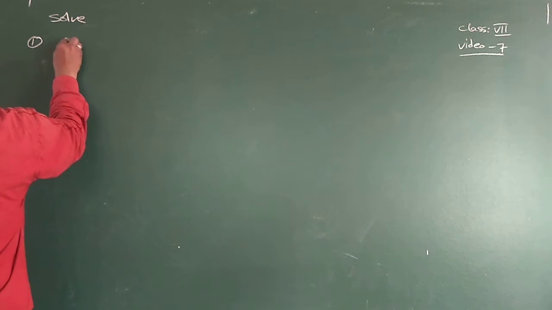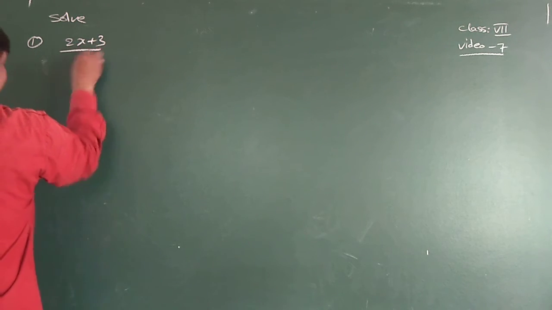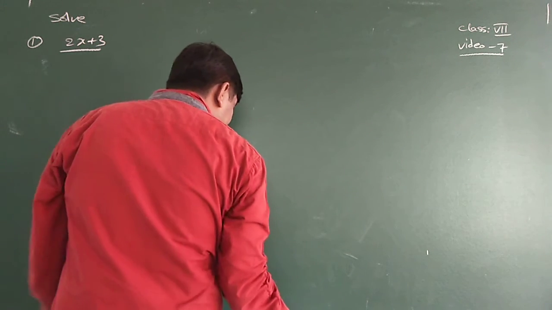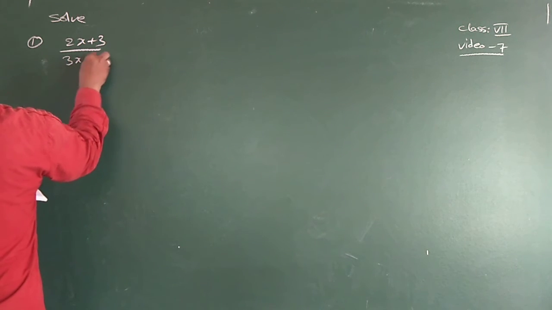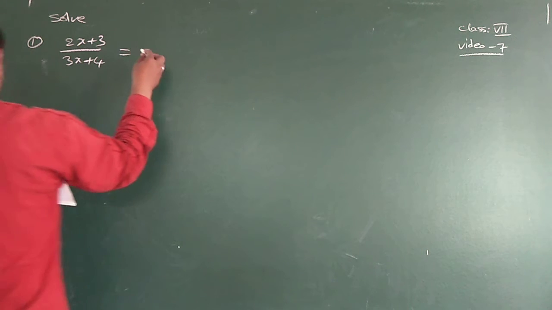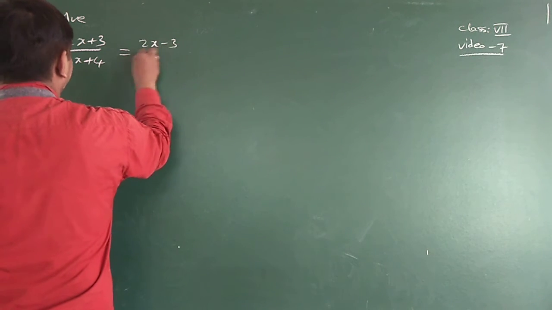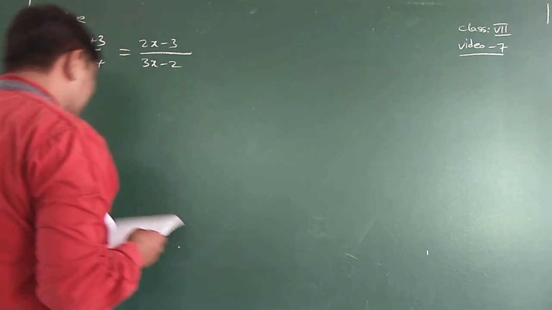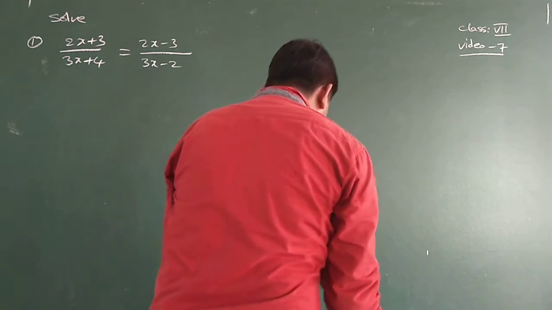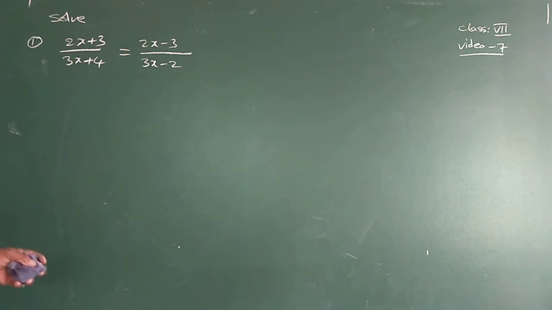Solve: first one is 2x plus 3 by 3x plus 4 is equal to 2x minus 3 by 3x minus 2. This is another model question. Only model wise I am discussing here.